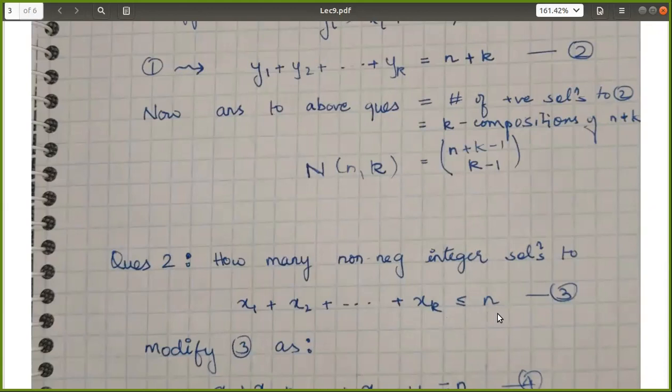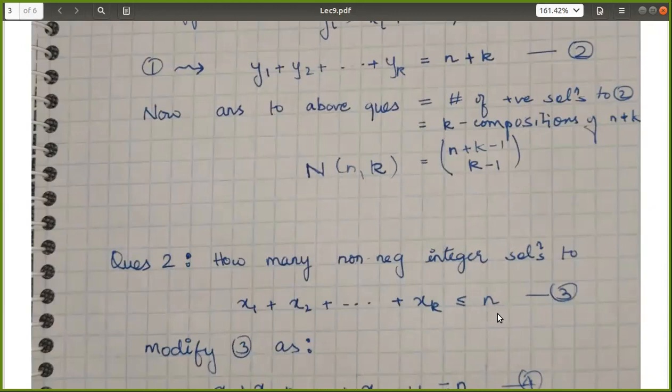So any ideas? Like as we did above, we can vary n from 0 to n. Yes, and sum all those. Great, that is one way. So you find the solutions for the sum equal to 0, equal to 1, and so on up till equal to n, and then add them up.